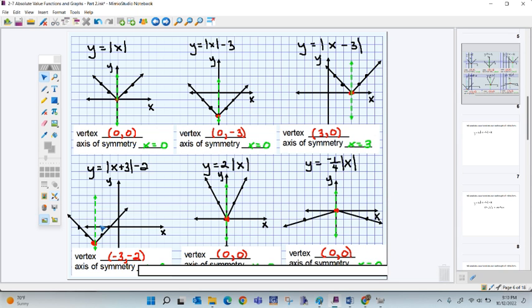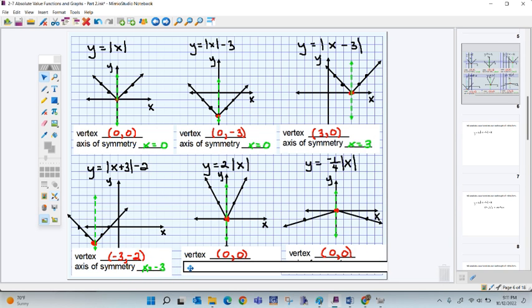This axis of symmetry is where x equals negative 3. Here, it's where x equals 0. And here, it's where x equals 0.